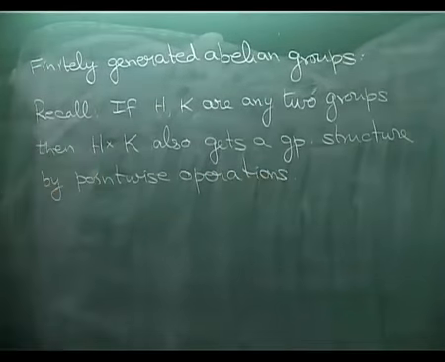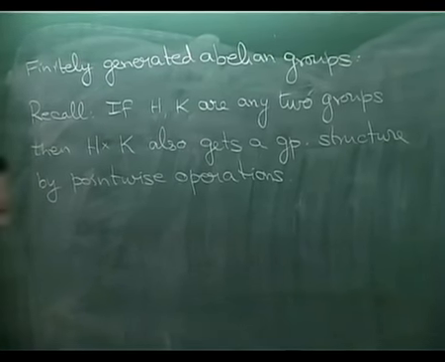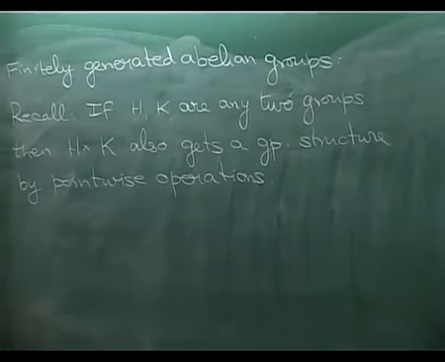That is, (h1, k1) times (h2, k2) is (h1h2, k1k2). So this is a way of cheaply getting new groups from old.